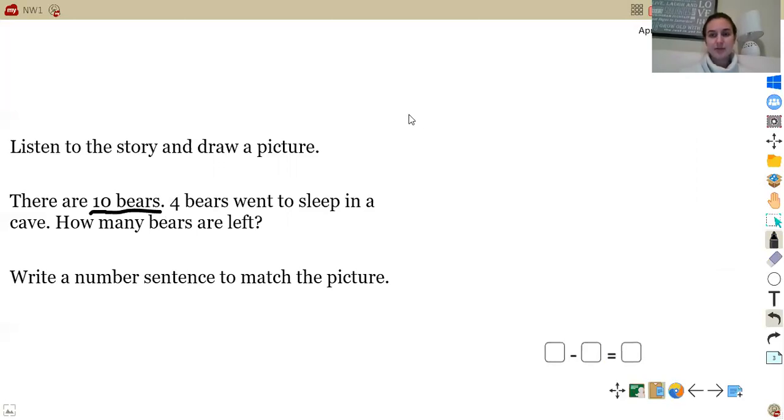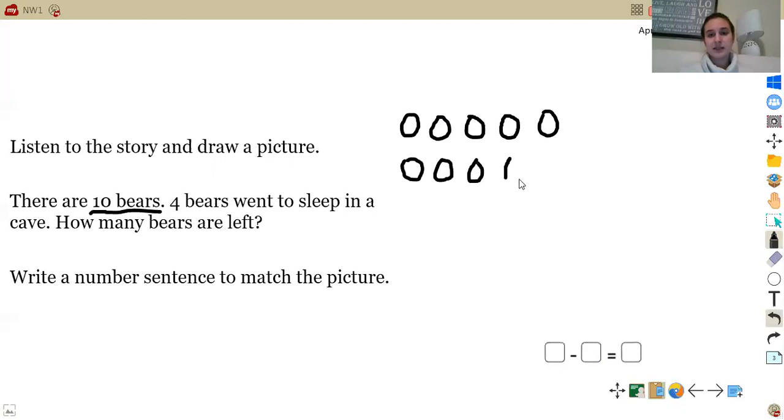Now, drawing 10 bears is a little tricky, so I'm just going to draw circles. 1, 2, 3, 4, 5, 6, 7, 8, 9, 10.